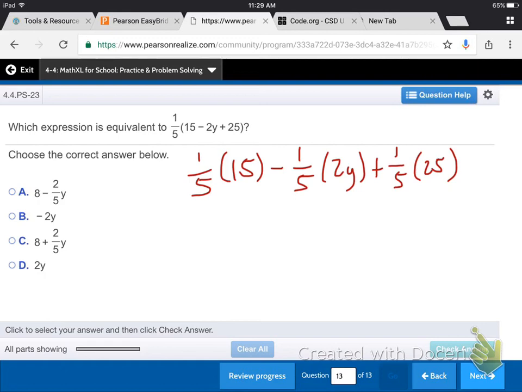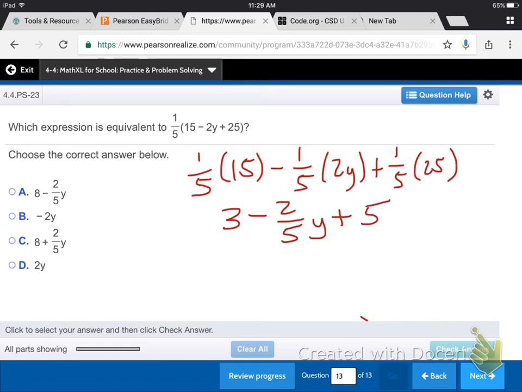So what's 1/5 of 15? How many times does 5 go into 15? That's 3. And then 1/5 times 2y is 2 over 5y. And then 1/5 of 25, 5 goes into 25 5 times.